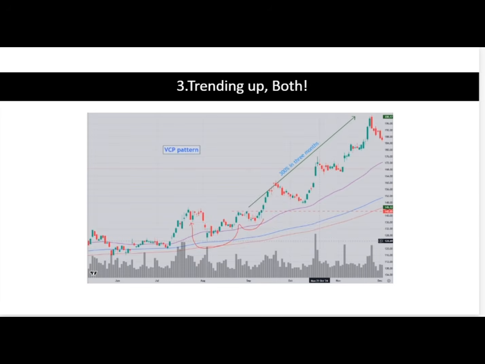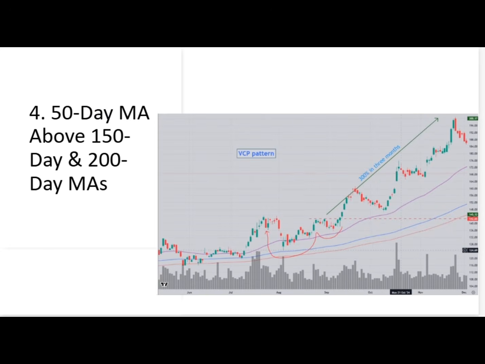Let's move on to number 5. The 50-day. So here's the little secret that I've been keeping from you for the last 10 minutes. The purple line here is the 50-day moving average. And this condition is very important.